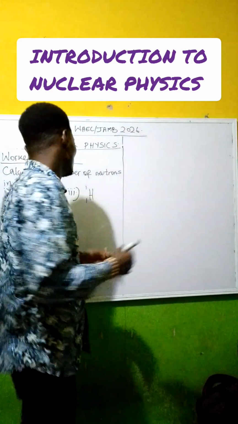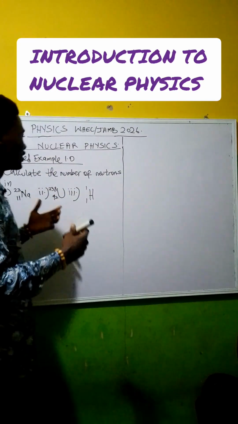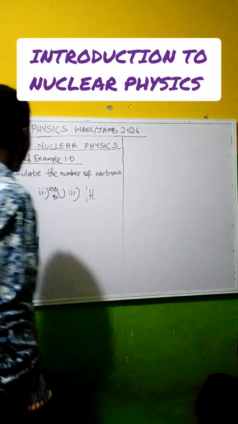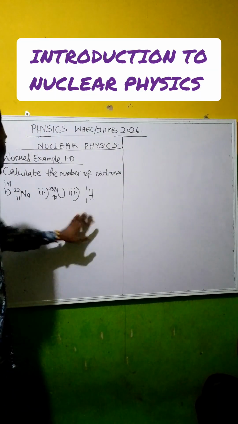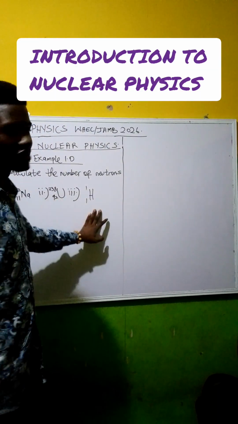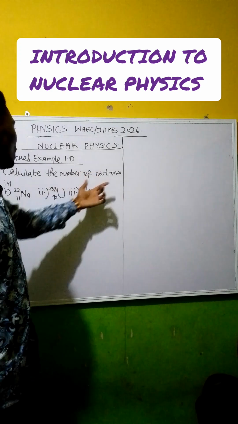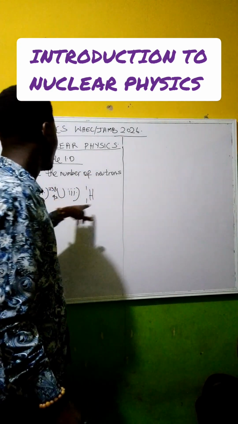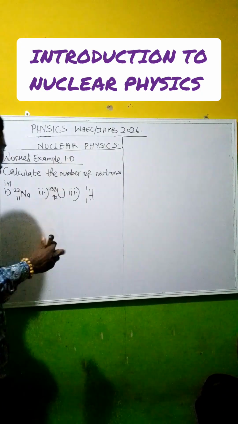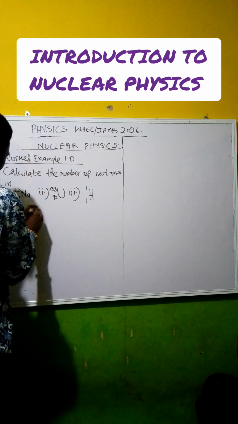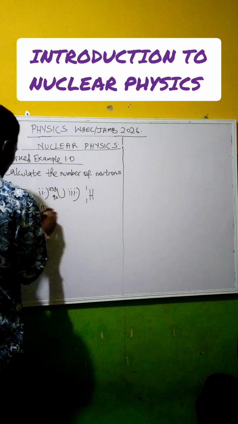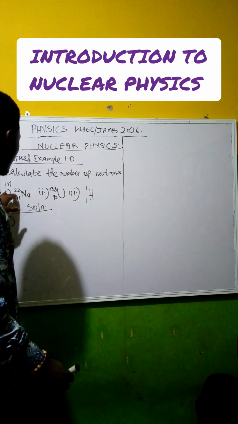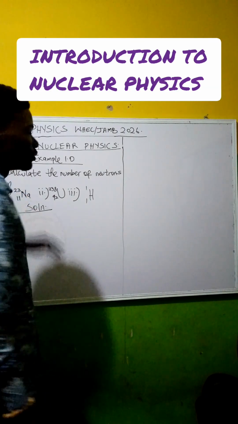So now, guys, we'll be looking at examples on calculating the number of neutrons. We have three elements: sodium, uranium, and hydrogen. We have to calculate the number of neutrons in sodium 23, uranium 238, and hydrogen. So let's solve this. For the first one, we have the mass number as 23 and the atomic number as 11.